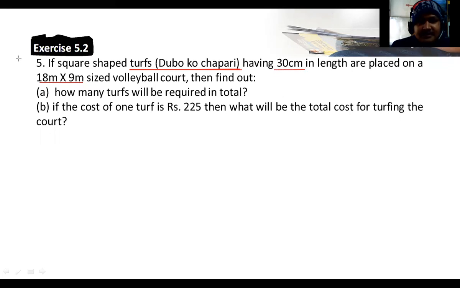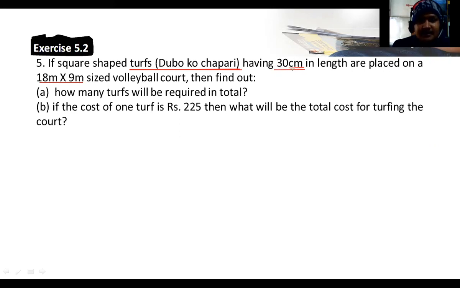Each top is a square top whose length is 30 centimeter. You know the area of a square is L square. It is given in centimeter, so don't forget to convert it into meter, because the other values, that means length and breadth of the volleyball court, are given in meter. We should convert this length of top also into meter. Units must be the same.